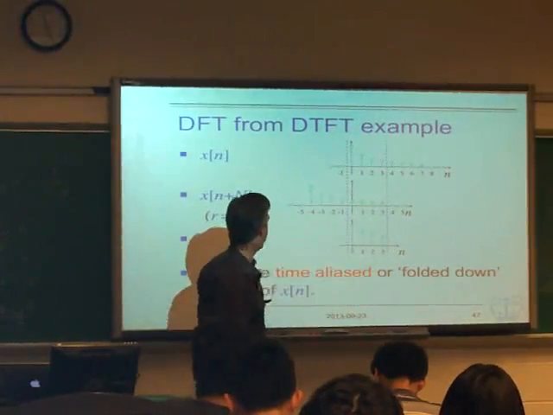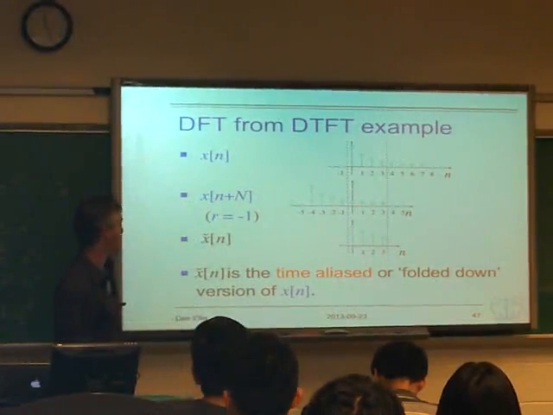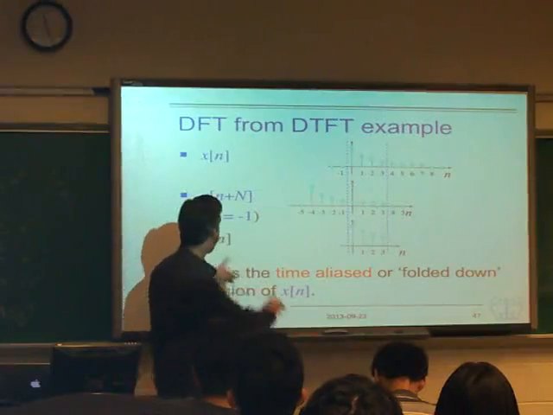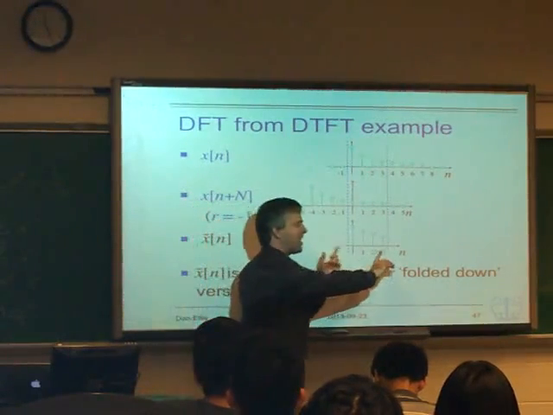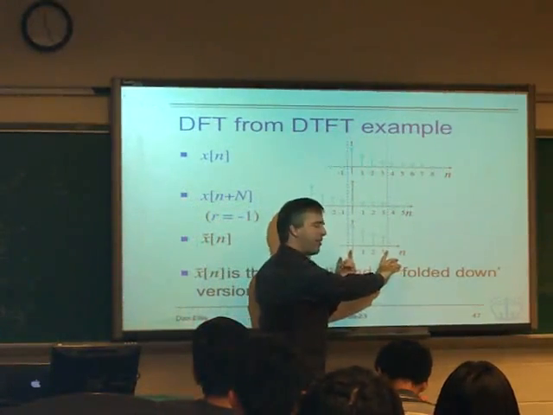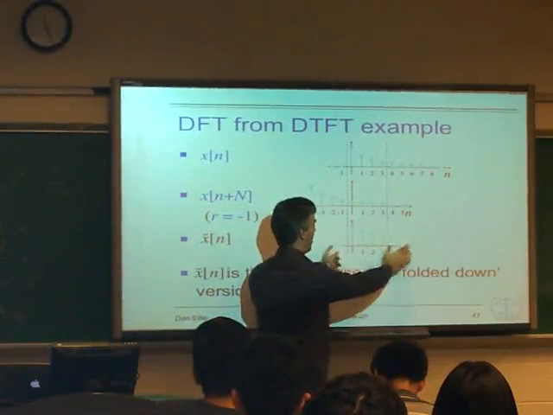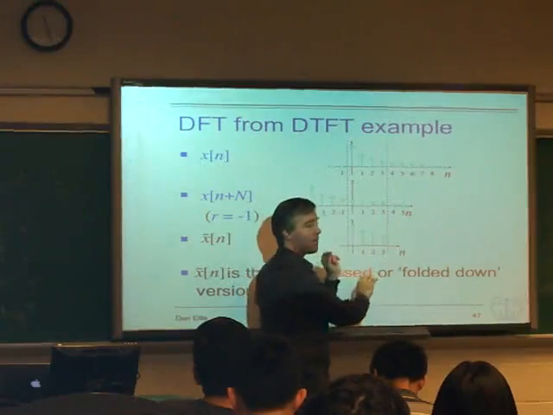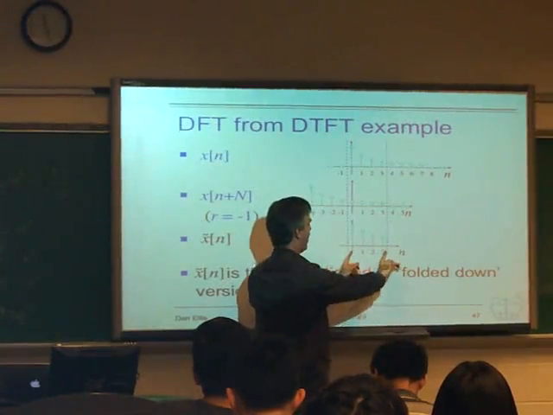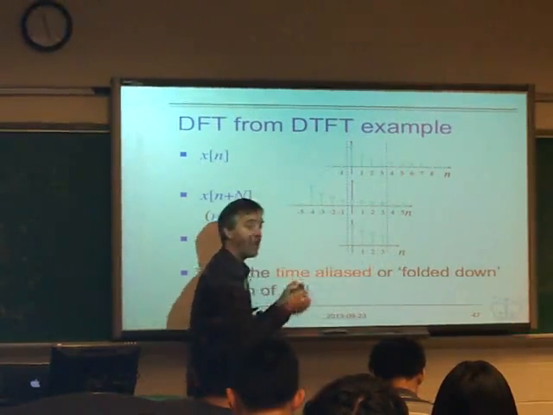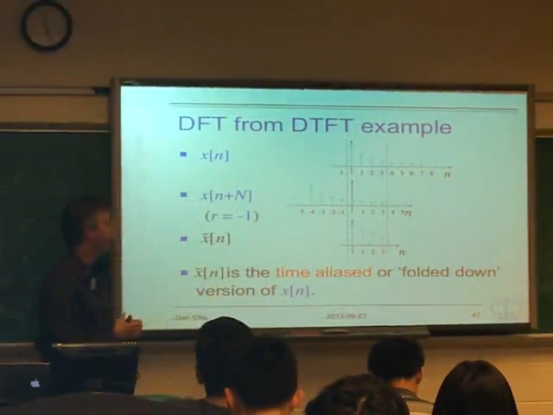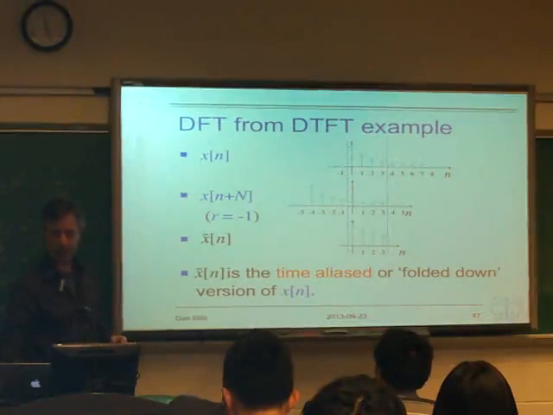And then we sum them up to get the overall result. Because x twiddle of n only exists over this range, it's only defined over 4 points. So we don't want to talk about what's happening outside of here. It's really just this finite length time axis that it's looking at. And so that's how we get this time aliased version.